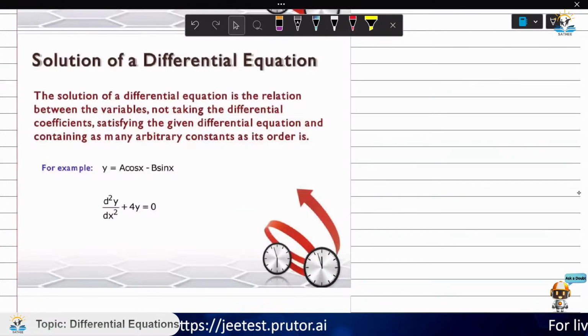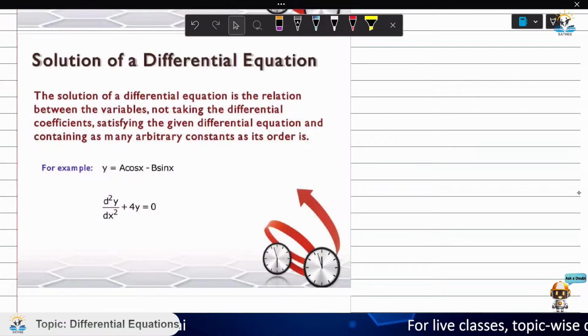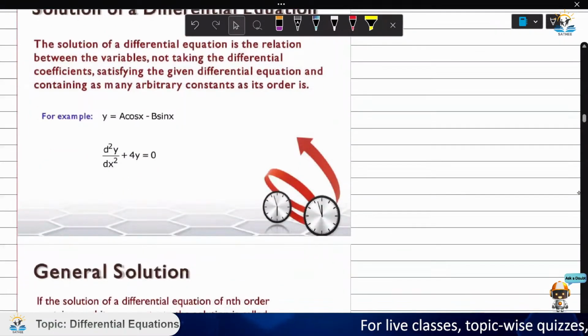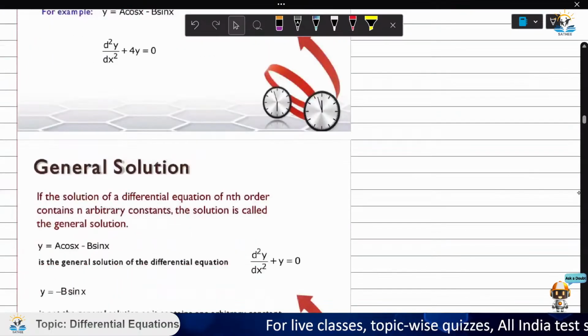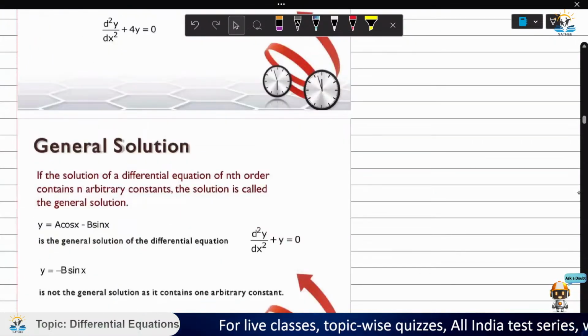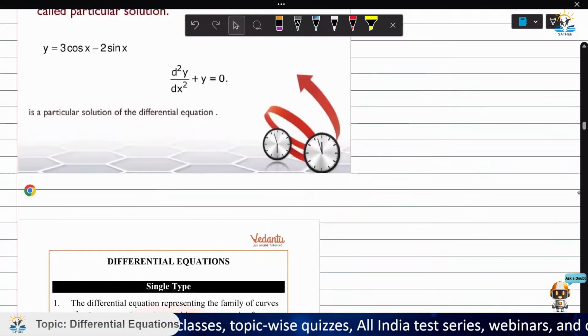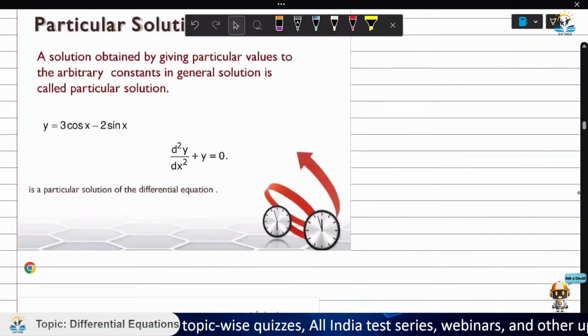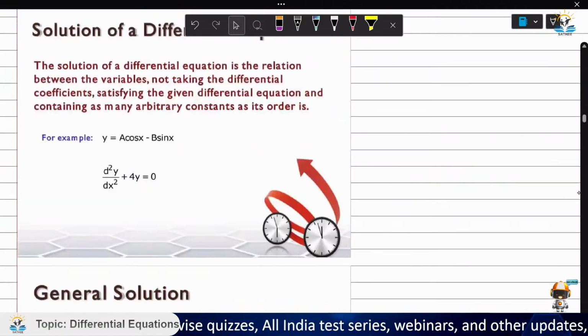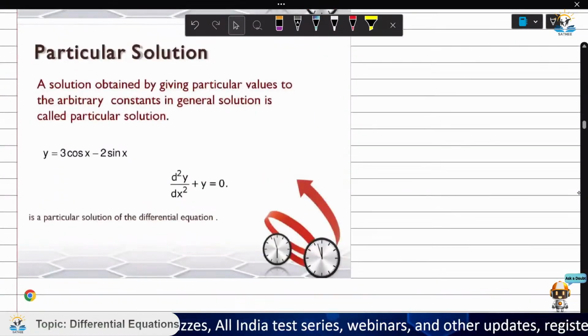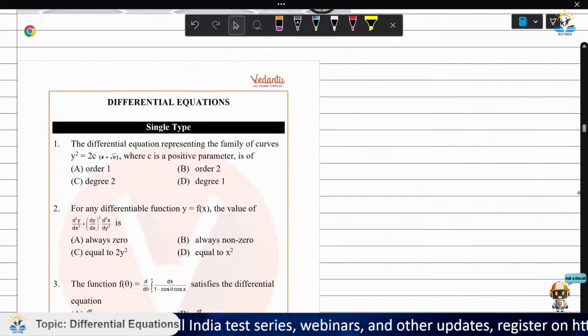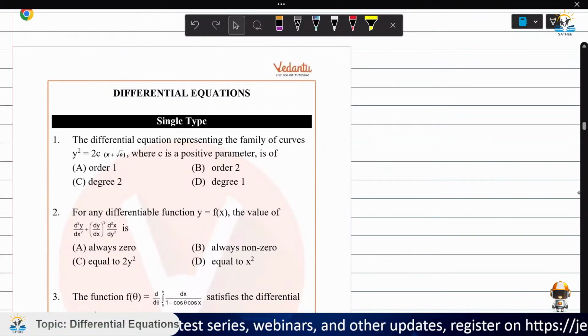So, for example, y is equal to a cos x plus b sin x could be a probable solution. We can talk about general solutions and particular solutions, but these are not to be talked about too much. So let's move on to the questions and answers part of it.